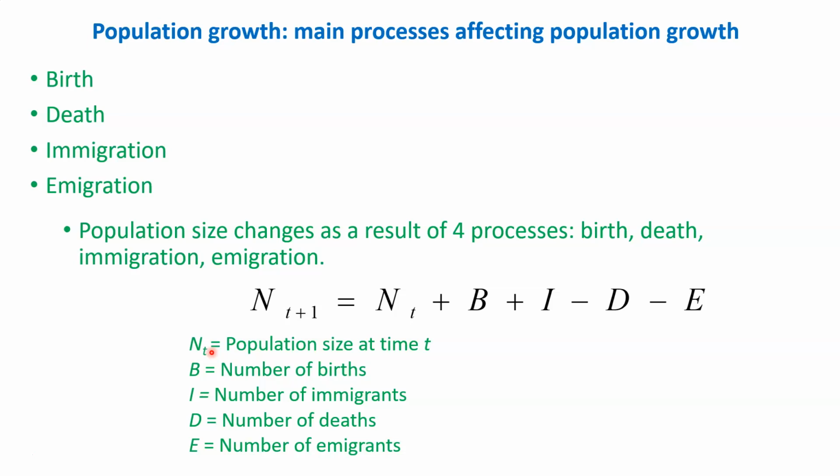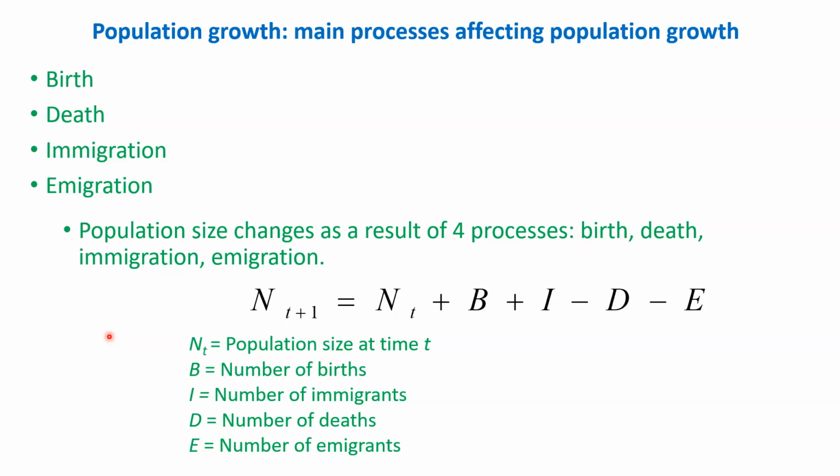with respect to these four variables? So if you look at this equation, N sub t plus 1 is the future population size. In fact, it's plus 1, so it's the population size after a unit time from N t, right? So N t is the population size at time t. And in order to predict future population size, you need to add the number of births, letter b, and add the number of immigrations.